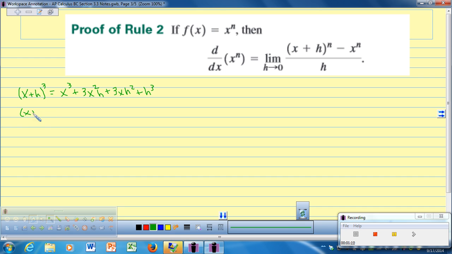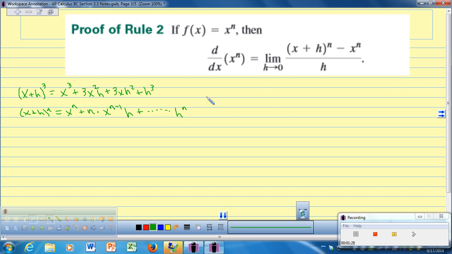Well, if we expand x plus h to the n out, it follows the same pattern. We would have x to the n plus n times x to the n minus 1 h plus a whole bunch of terms leading us to h to the n. And what we need to note is that everything after the first term would have an h in it.